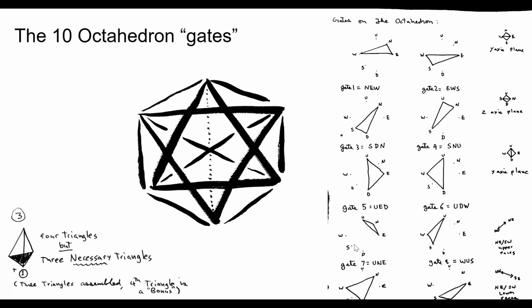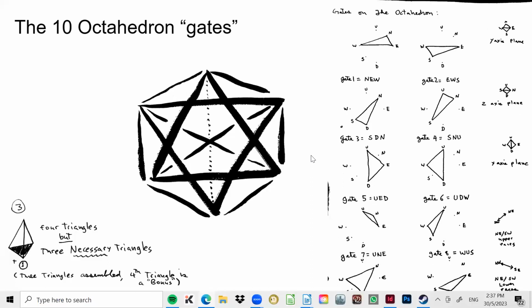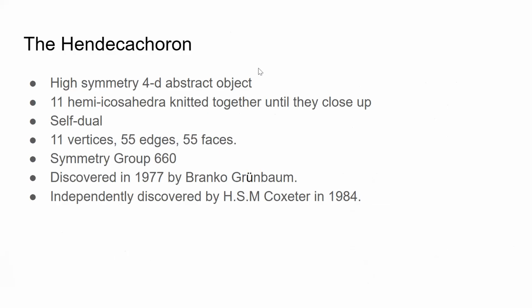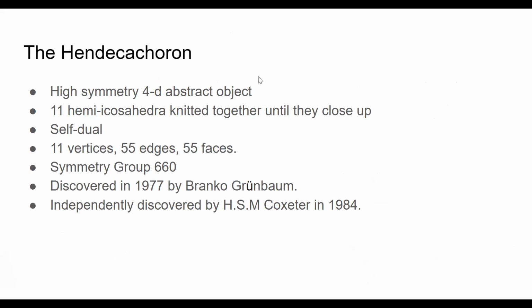So that's these three squares that are essentially connected, intersecting one another. And then, as I was talking about, up northeast, up west south, down southwest, north down west, and south down east. If you can mentally construct this, it should become clear. It might take some work, but this is the groundwork needed to get to the place where we know enough to actually enter into the Hendecachoron and integrate it into our practice.